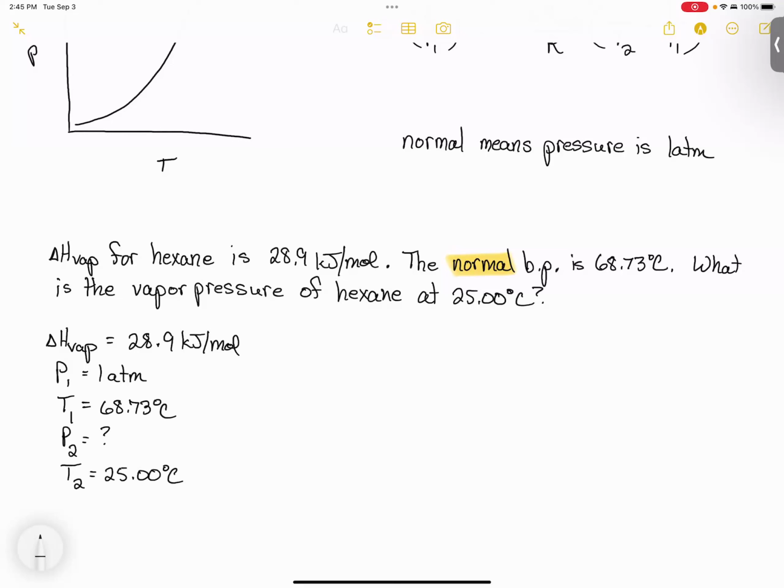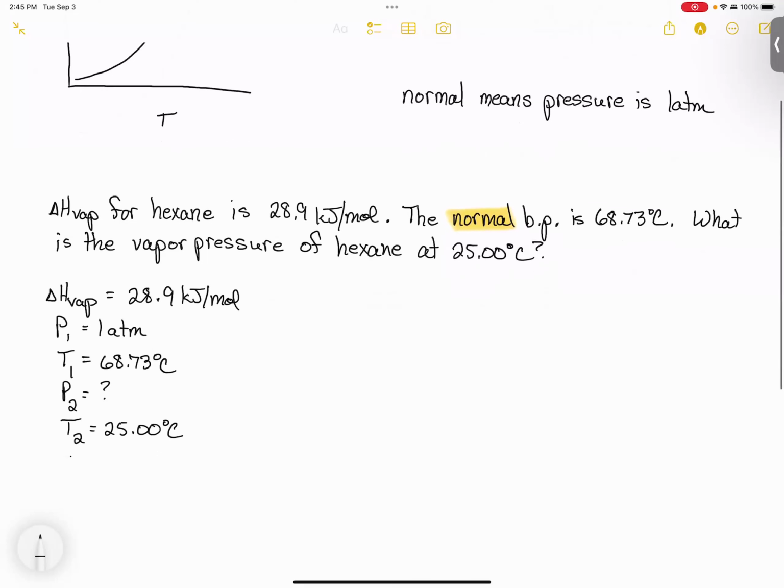Now, because I have a change in pressure and a change in temperature, that is an indication that the Clausius-Clapeyron equation is going to be used. So we need the ideal gas constant in energy, which is 8.314 joules per mole Kelvin.